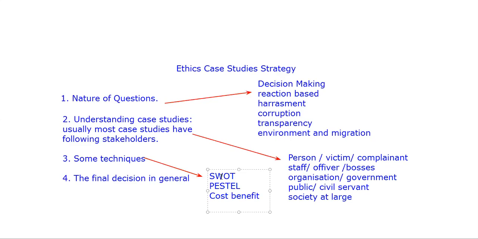Let's say a case study can be that you are the head of a department, and the juniors who are elder than you are not well versed with information technology, but you want that to be implemented in the department because of the government rule.